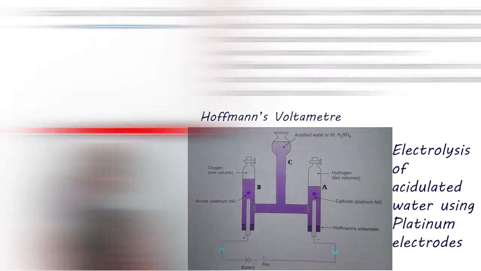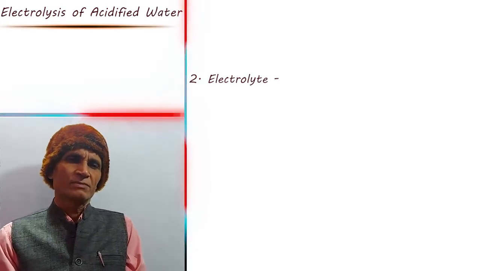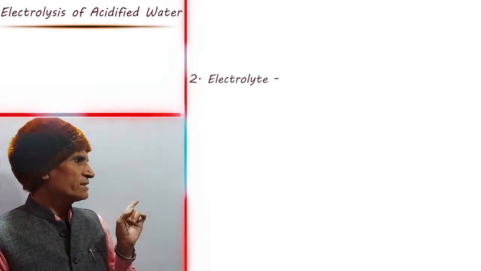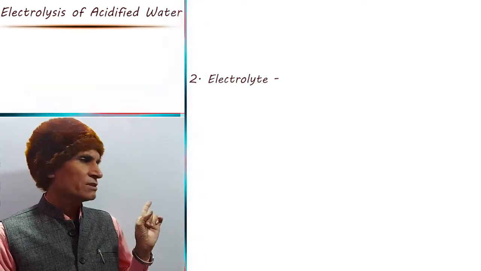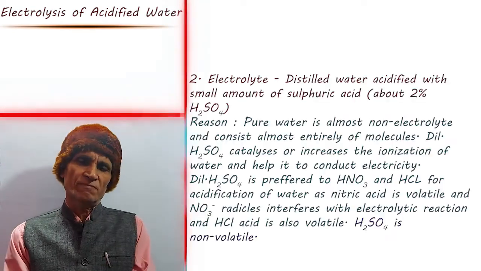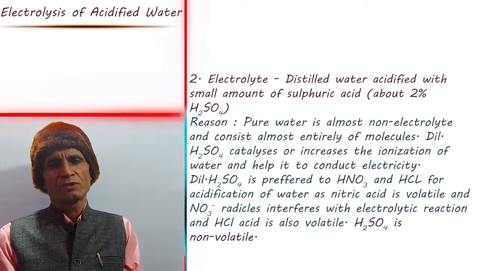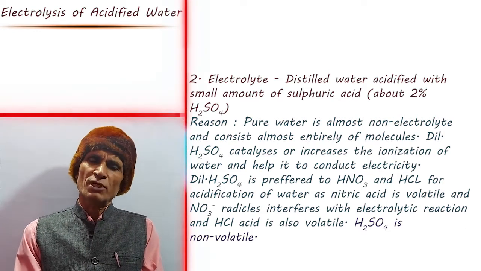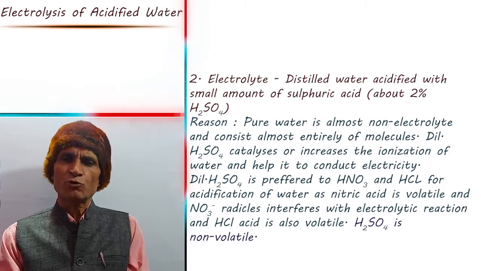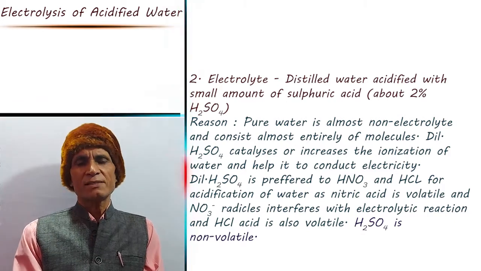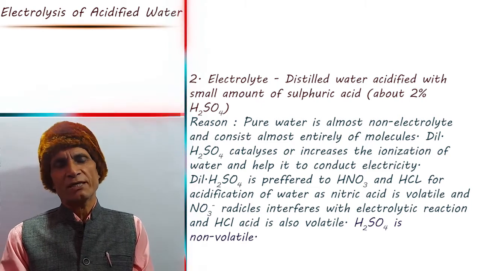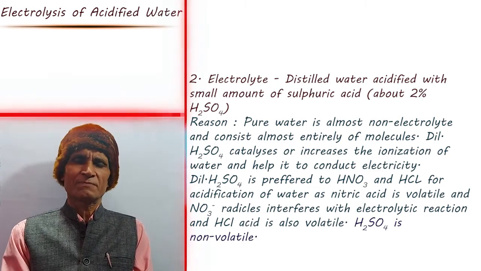Second point, electrolyte. You will write: electrolyte is water acidified with dilute sulfuric acid. Reason: pure water is a polar covalent compound. It can produce ions, but water is almost a non-electrolyte, or you can say a very weak electrolyte.